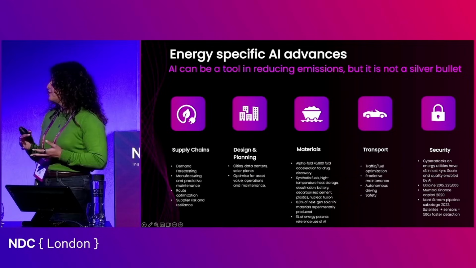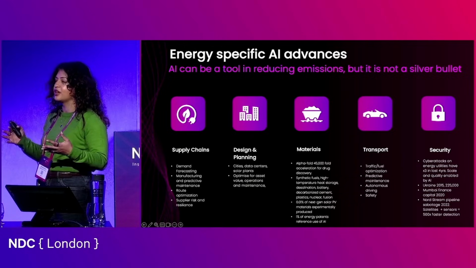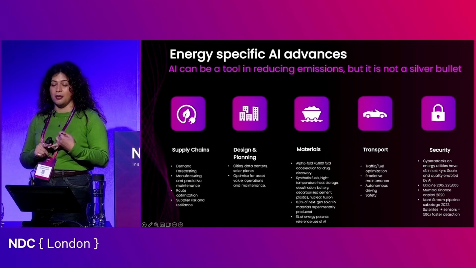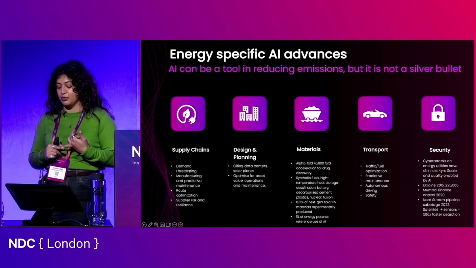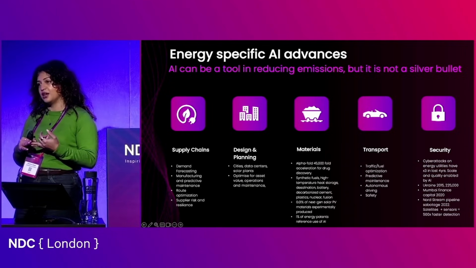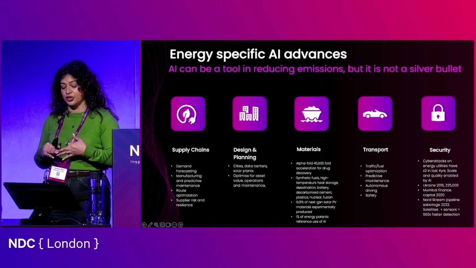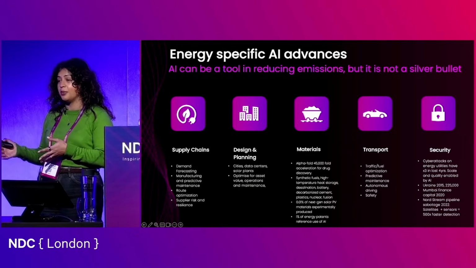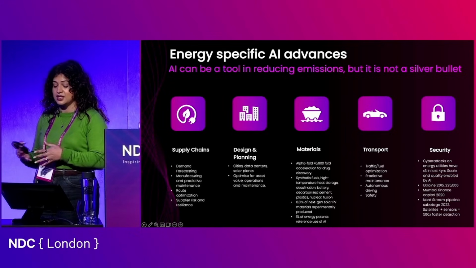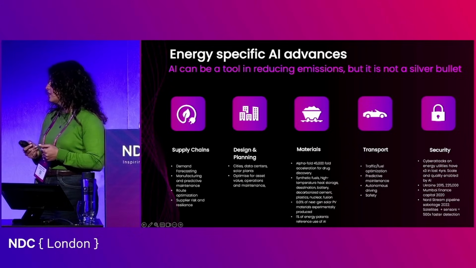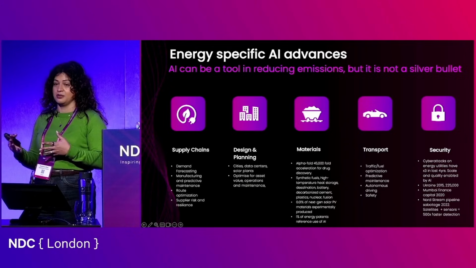What does this mean for us? When we're thinking about synthetic fuels, high temperature heat storage, desalination projects, long storage batteries, decarbonised cement, even new plastics, and even nuclear fusion, this could have profound impacts.